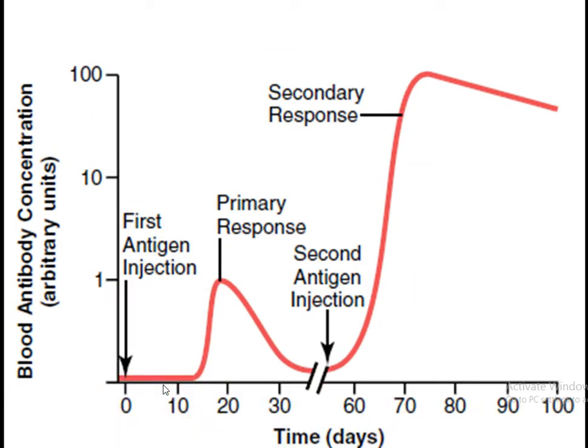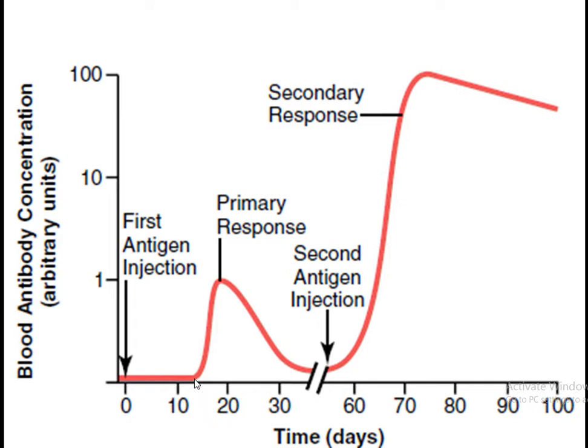Through this graph I want to show you how the primary and secondary responses occur. This is the first exposure of the antigen to our body and it is delayed. As I have already told you, for the antigen, antibodies must be produced by our defensive cells.